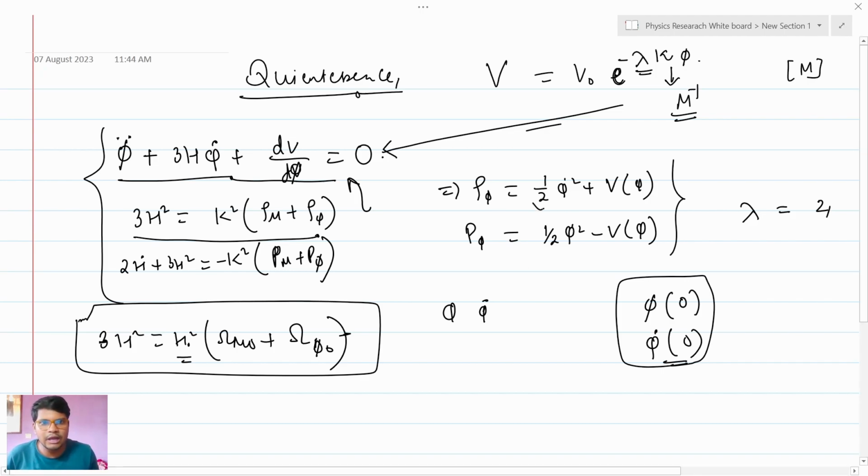Sometimes one half phi dot square or V phi can take a very large value, and the estimation would go wrong and your H0 would be completely different. Or similarly, this equation can sometimes be negative or positive, so anything is possible here, right?